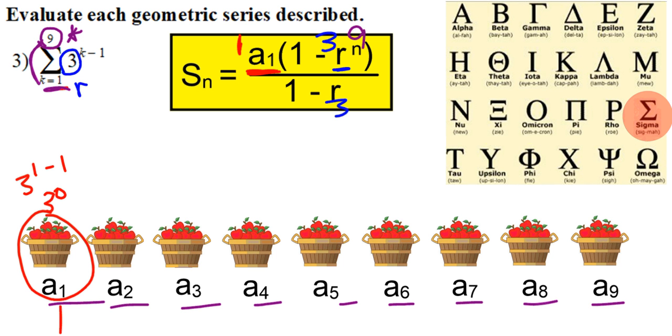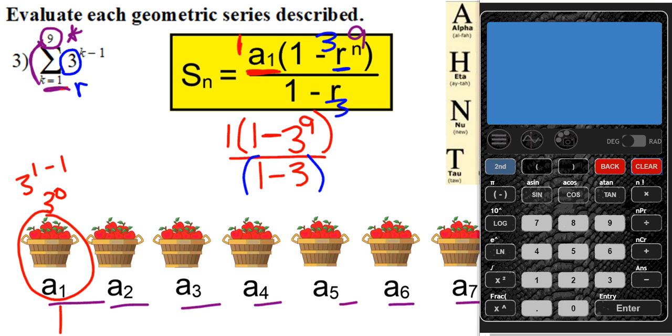A1 was 1. So let's look at the formula here. A1 was 1 times 1 minus R, which was 3 to the 9th power, close parentheses, over 1 minus R, which was 3. Now, we're going to type that into a calculator, but be careful. When you type it in, you probably need parentheses there. Otherwise, you will not get the right answer. So let's look at our calculator.